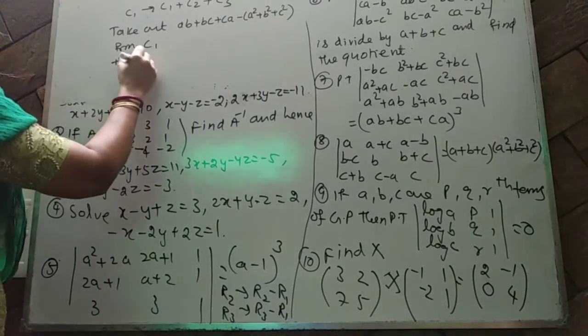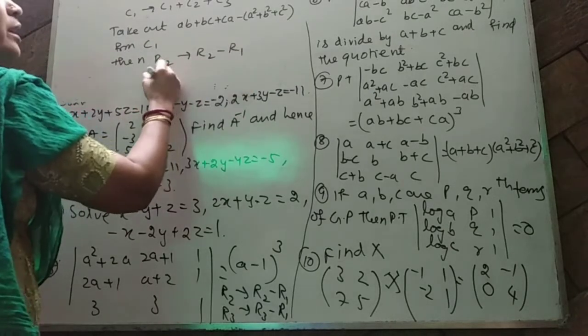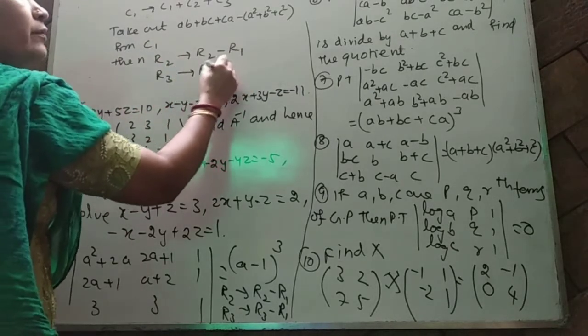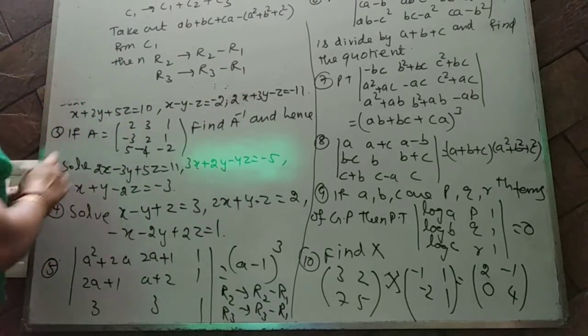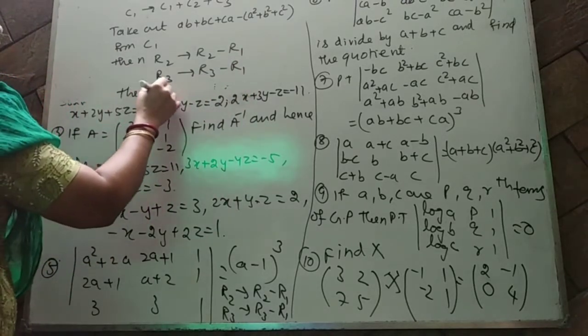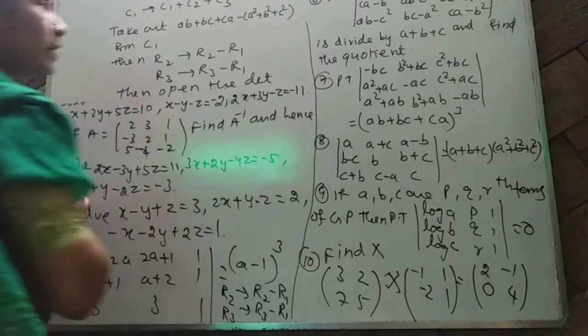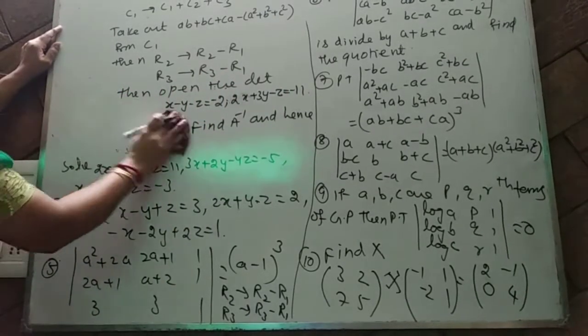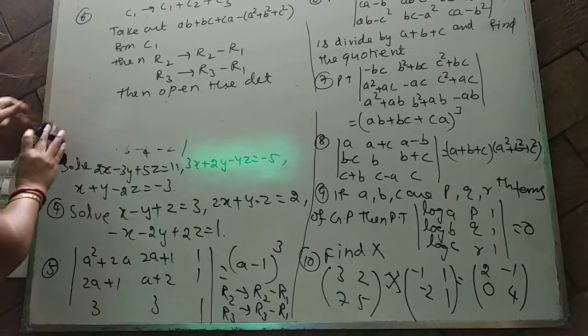Then you have to do R2 can be written as R2 minus R1 and R3 can be written as R3 minus R1. Then if you feel any common element to take out, do so, then open the determinant, you will get the answer. Clear to you? So you have to do this one. That is question number 6, for which I have given the hint.